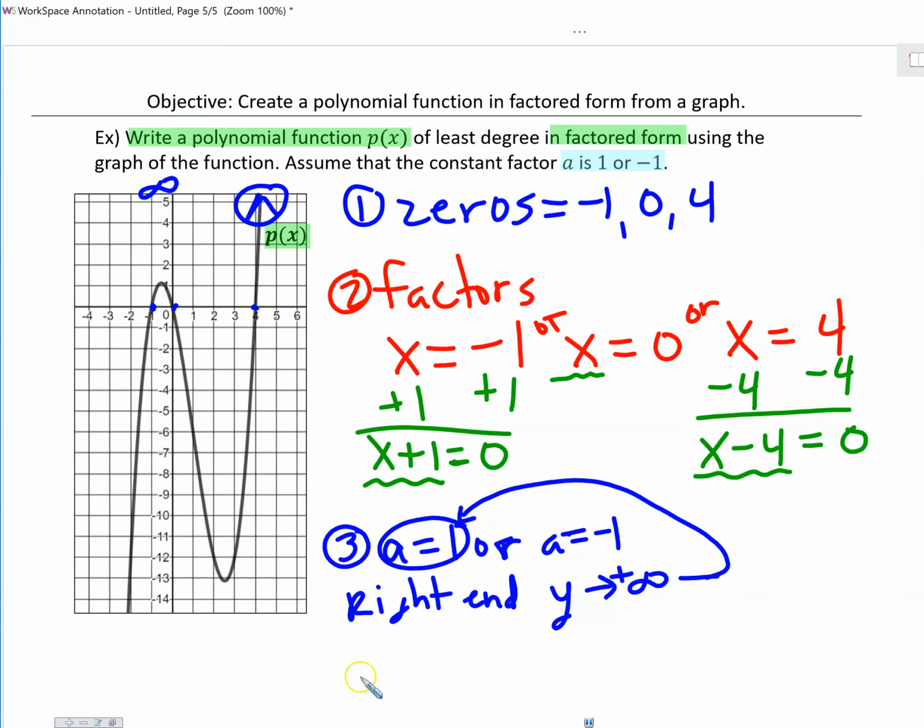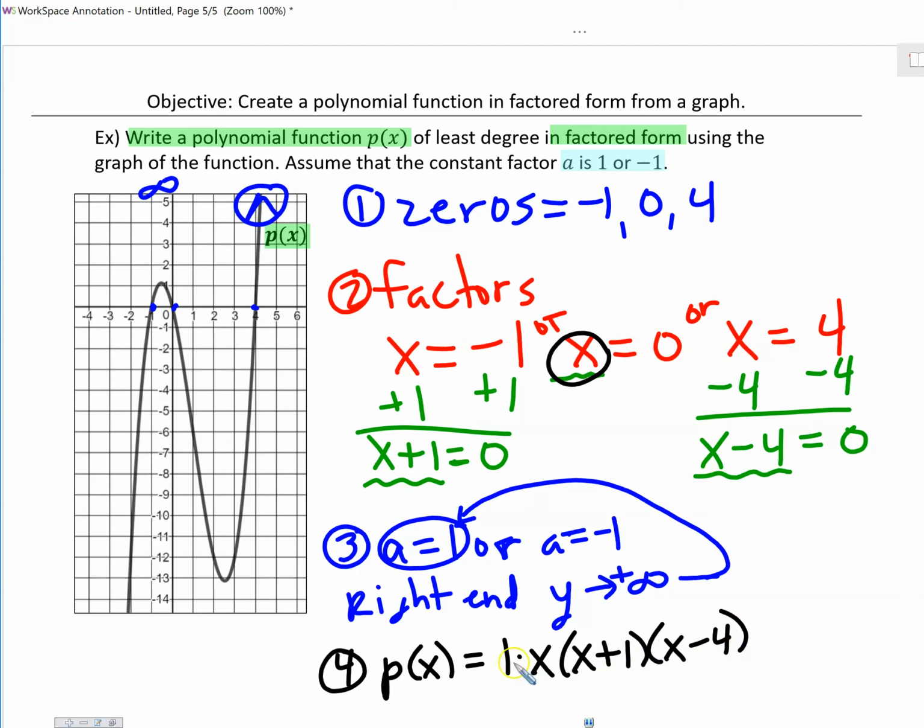So when we write our function, we're going to have p of x equals 1, that's our a value, times our 3 factors. And you should put monomial factors first, then binomial factors in any order.